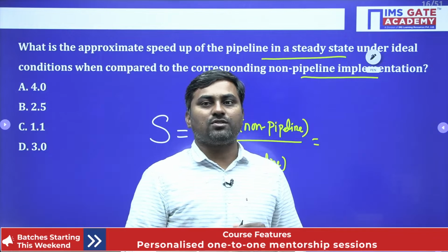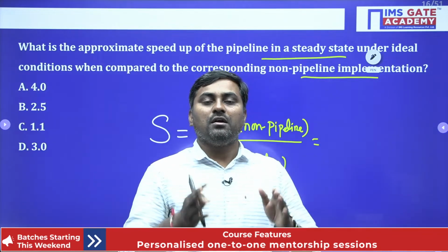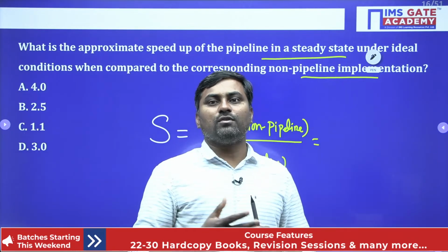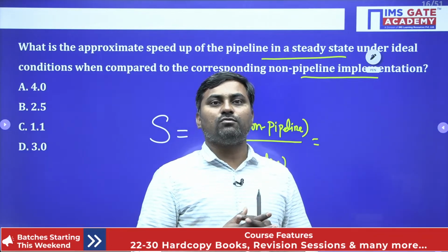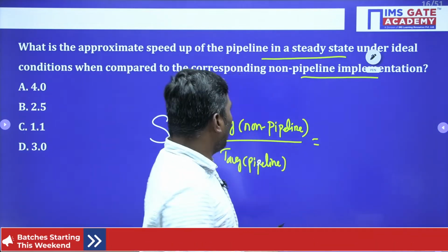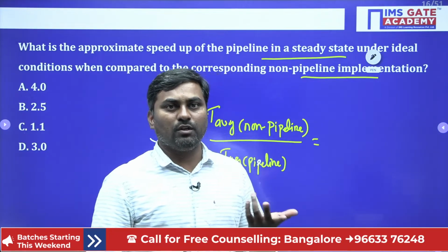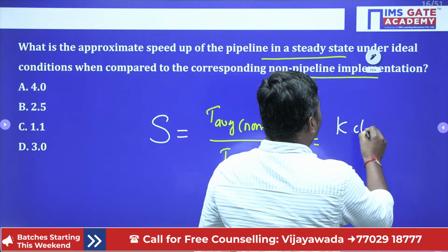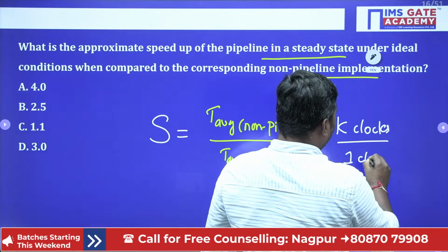Generally clocks and times will vary, but in the ideal case it is 1 clock. In the non-pipeline case, one instruction takes k clocks, the number of stages. So it is k clocks by 1 clock.